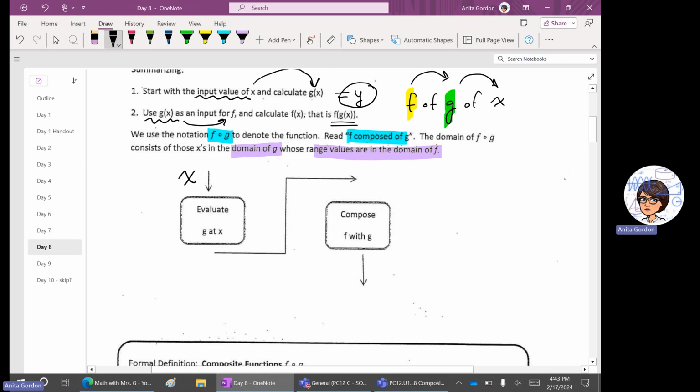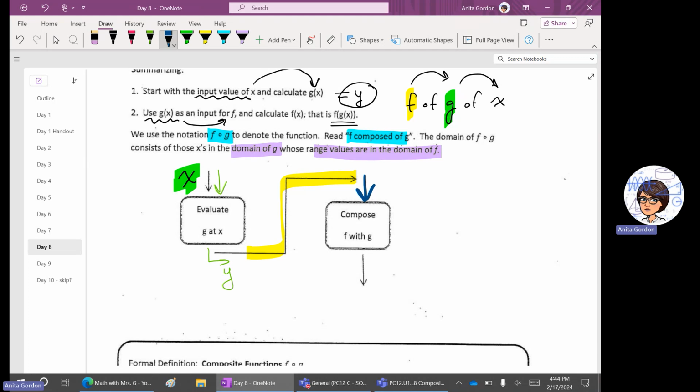We're taking the x values in the domain of g. We are putting them into the function g, and what we get out of here are the y values from g. Well, the y values from g then become the x values for f.